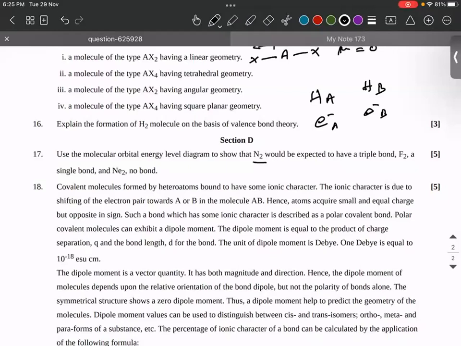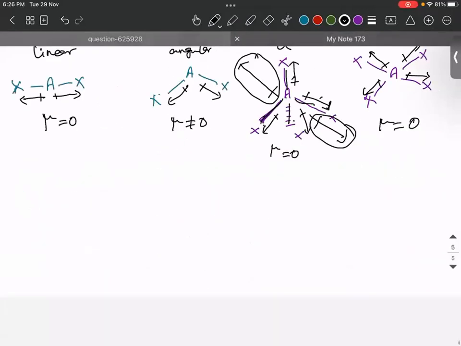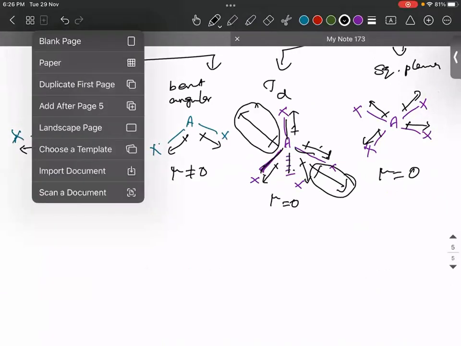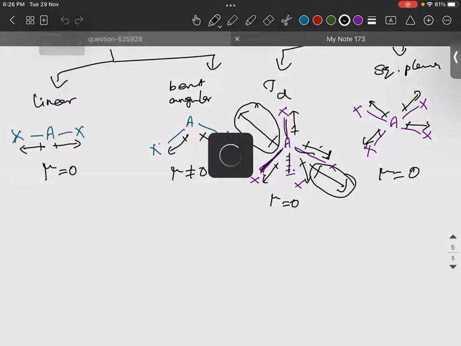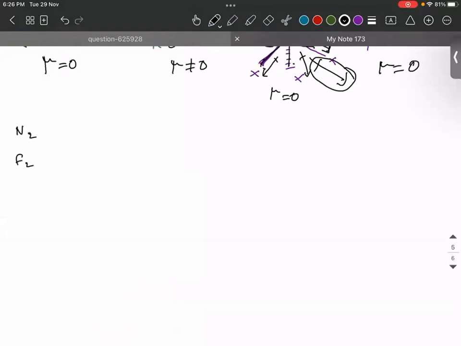So how can we write? We'll see. N2, F2 and Ne2.